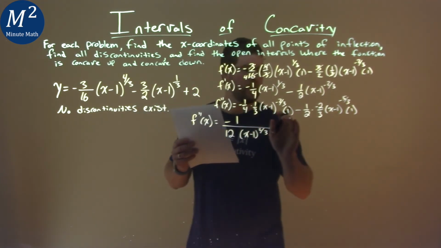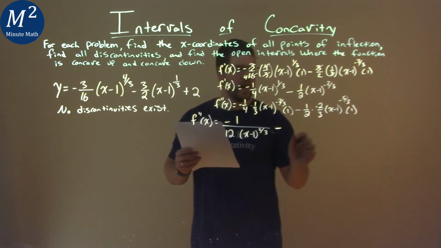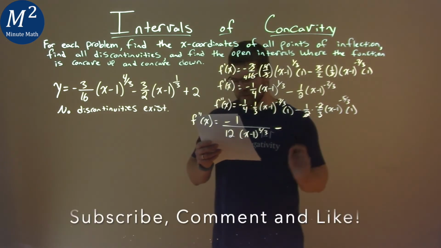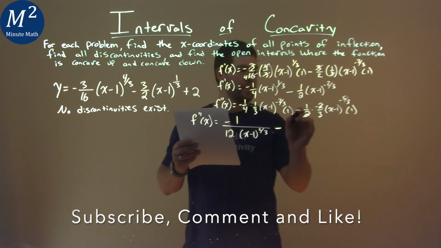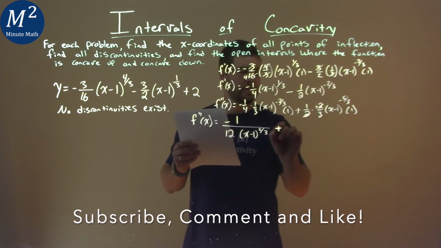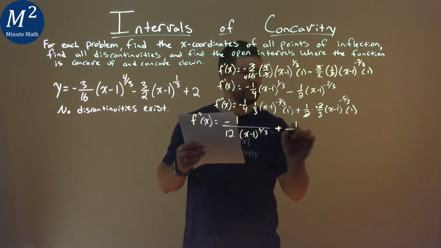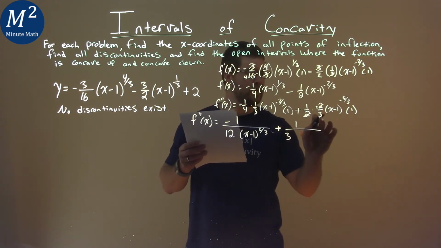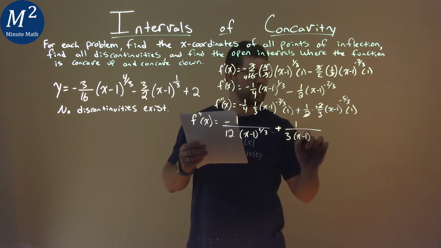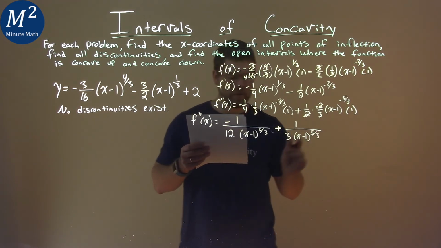I don't really care about that one here either. Subtract, well, the 2's cancel. That's always nice. And actually, we're going to be adding, because we have a negative, negative becomes a positive. So we have 1 in the numerator left over, and we have a 3 left in the denominator, and we have an x minus 1 to the positive 5/3 power.